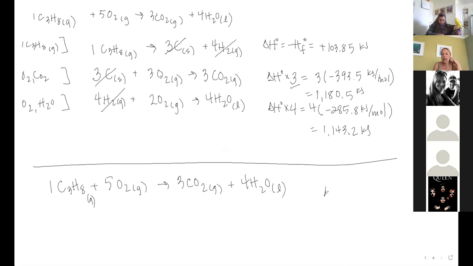And then my delta H here is going to be 103.85 positive plus 1,180.5 plus 1,143.2 kilojoules. And this gives us, oh, I'm sorry. These are negative. Yeah, these are negative.